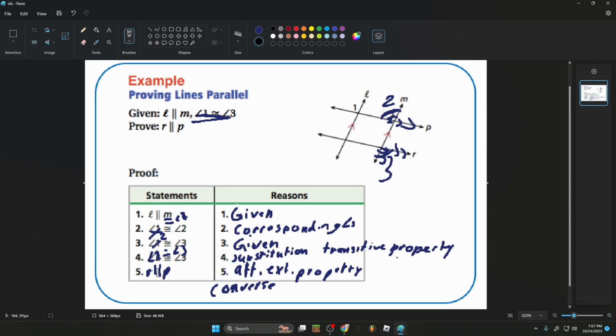So we just proved that R is parallel to P from that L is parallel to M, and that angle 1 is congruent to angle 3. Awesome.